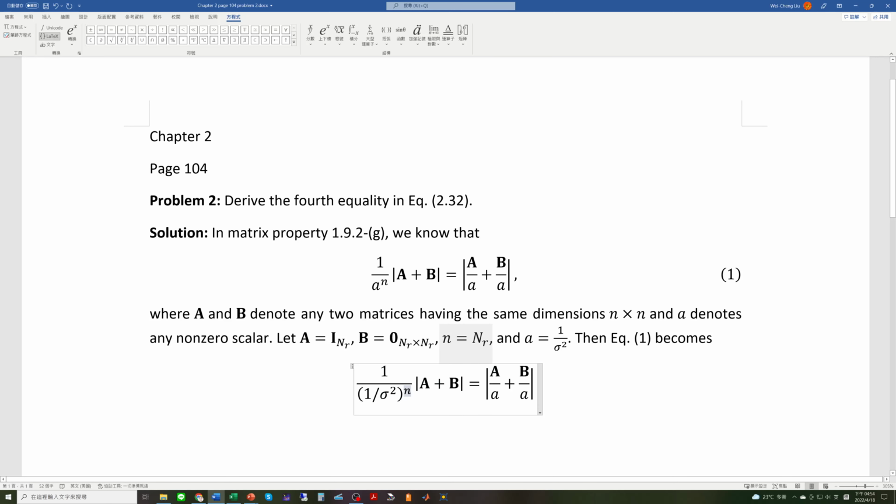N is equal to nr, and A is equal to I_nr, and B is equal to the zero matrix of nr by nr. Here a is equal to 1 over sigma square.